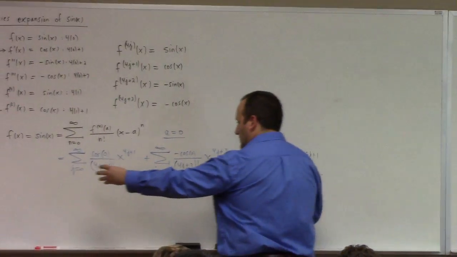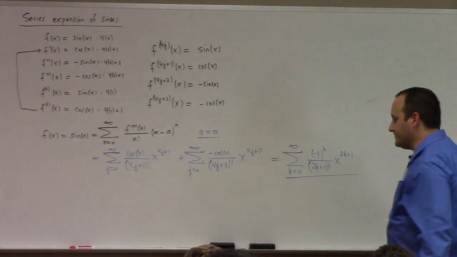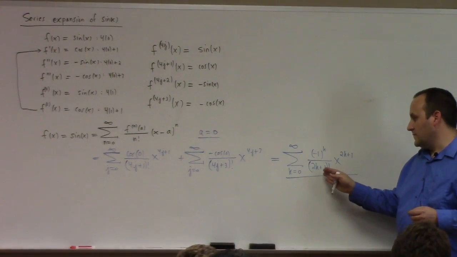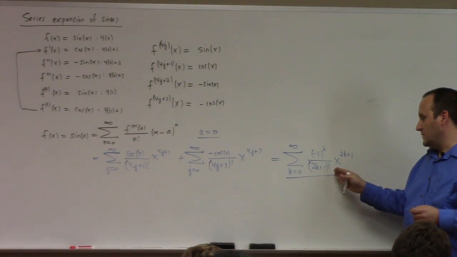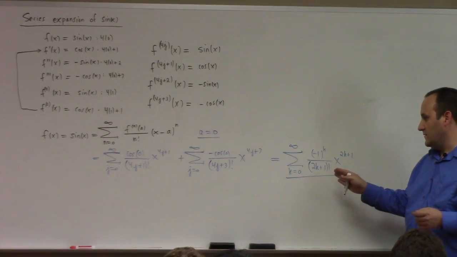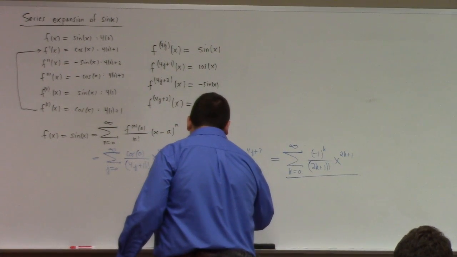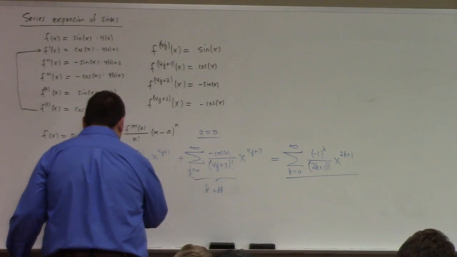So merging both of these into one grand glorious sum, you get that. When k is even, these are the 4j plus 1 terms, and when k is odd, these are the 4j plus 3 terms.